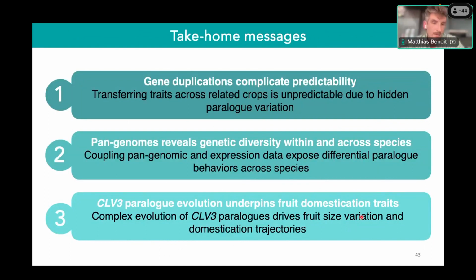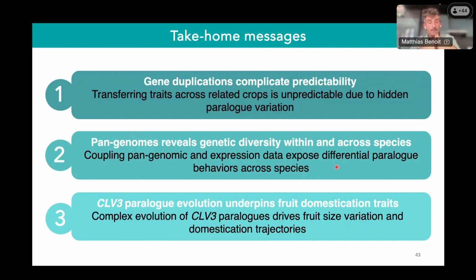We can tackle that by leveraging pan-genomes that will really reveal the genetic diversity within and across species, and specifically coupling this pan-genomic and expression data will help to expose the evolution of parallel behavior across species.